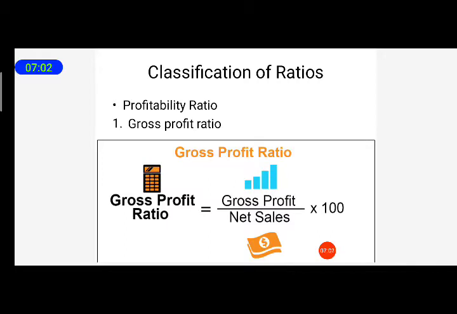The first profitability ratio is the gross profit ratio. The gross profit ratio is the oldest and most widely used financial ratio. This ratio is set up by comparison of the gross profit with net sales.